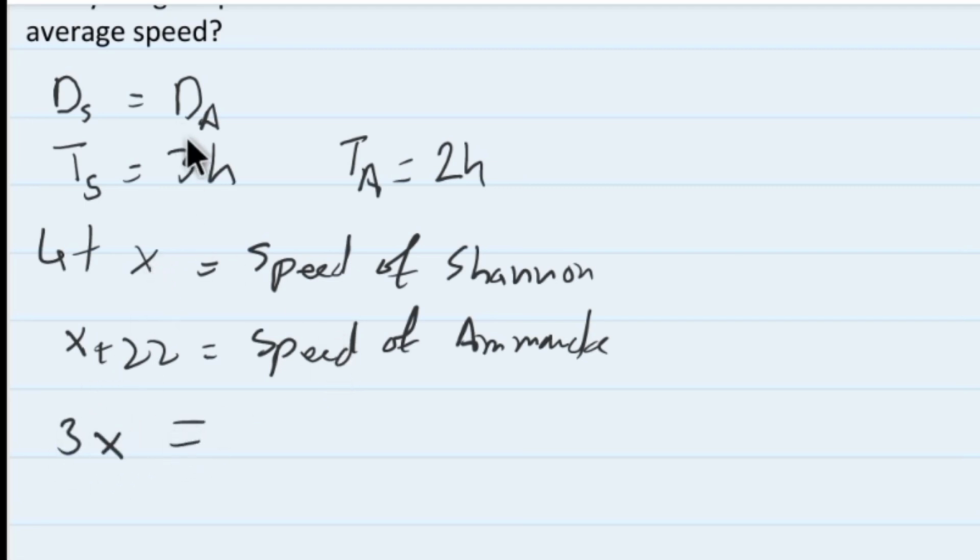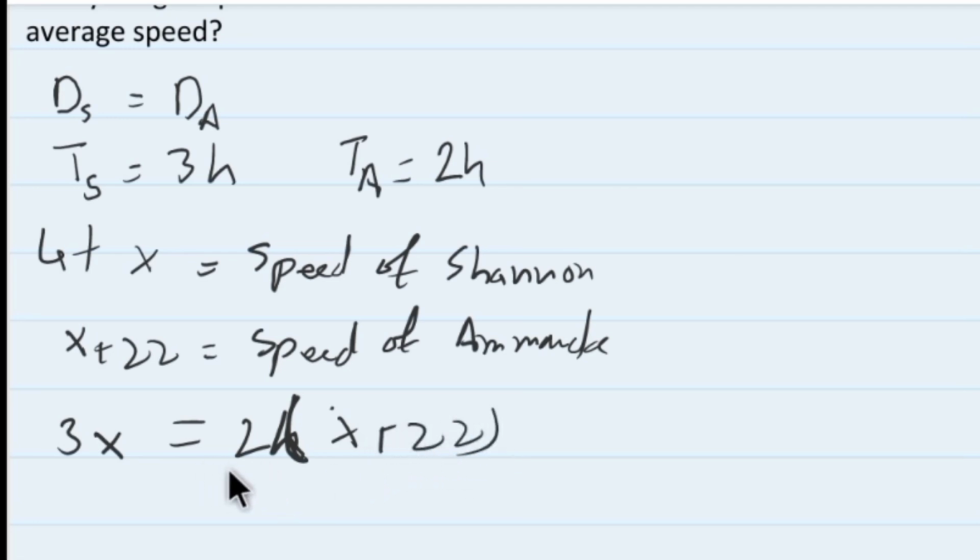Similarly, distance traveled by Amanda is equal to speed multiplied by time. So her time taken was 2 hours, while the speed of Amanda was x plus 22.